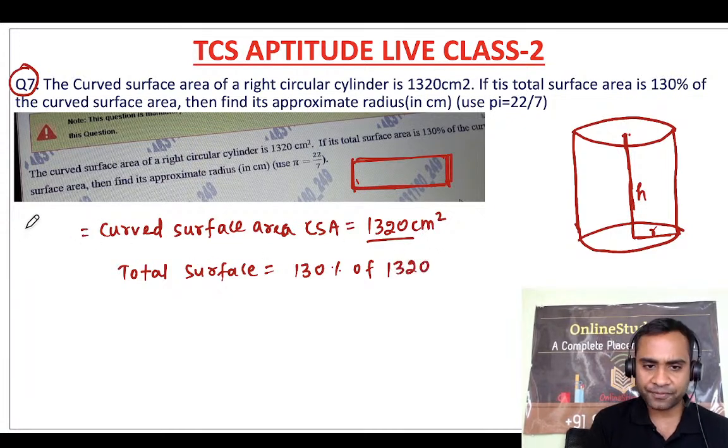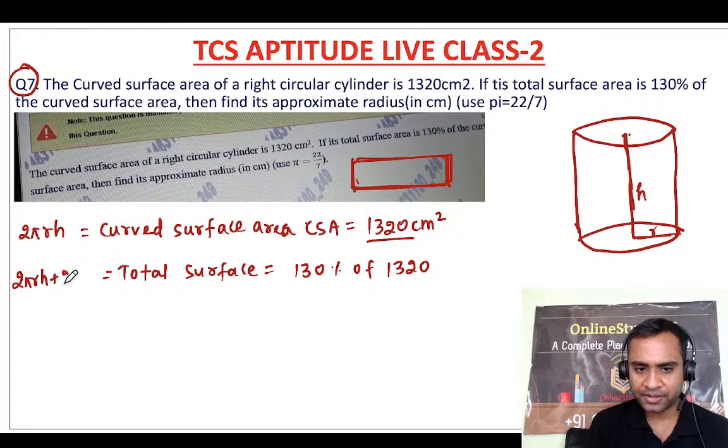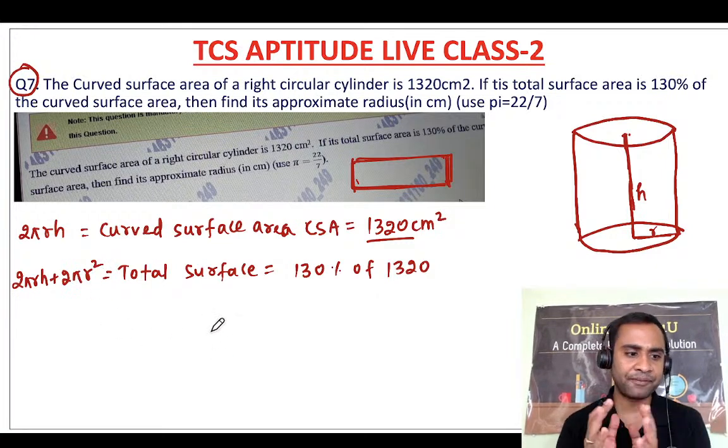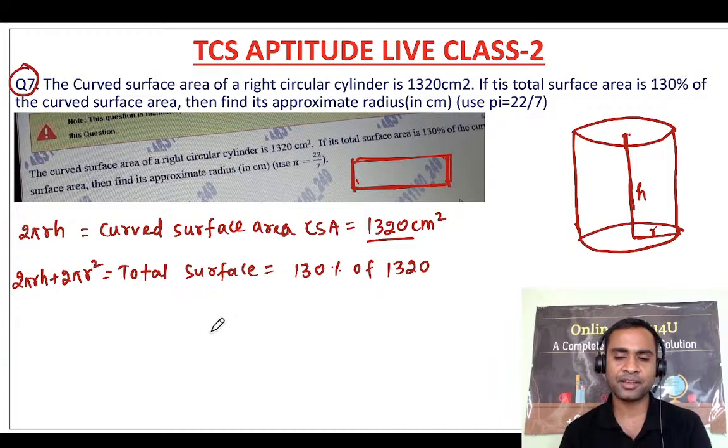So curved surface area will be 2 pi RH, and total surface area will be 2 pi RH plus 2 pi R square.